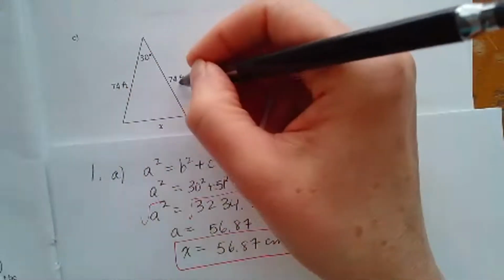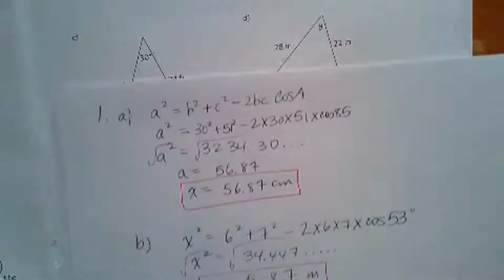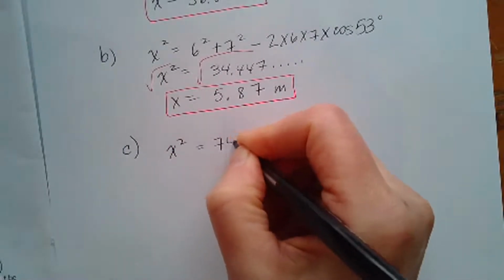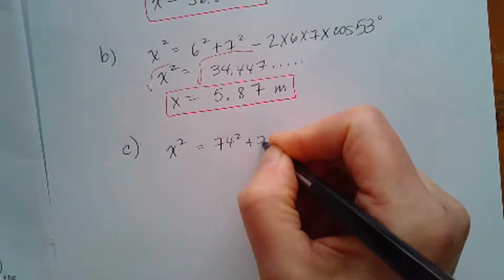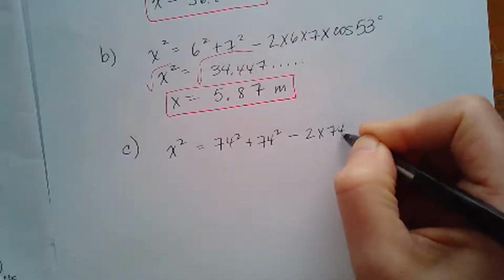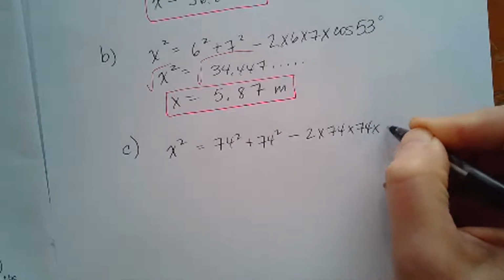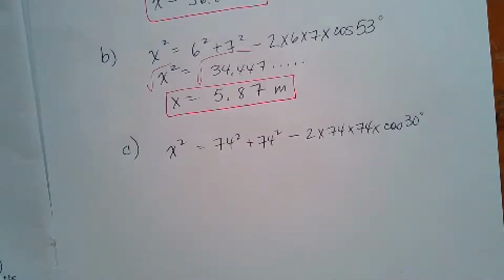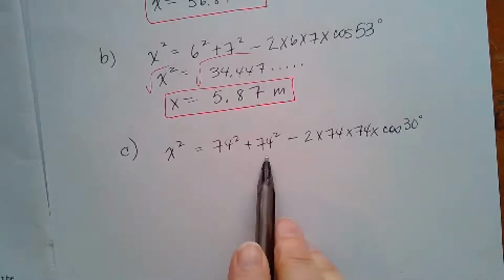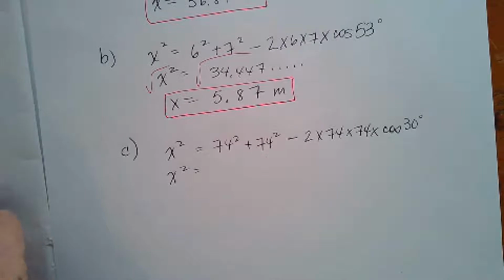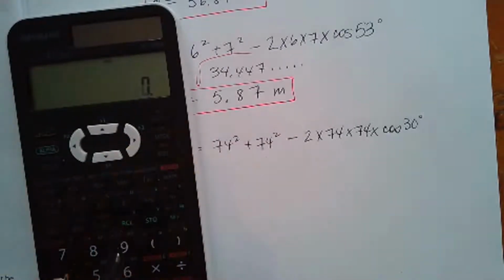Okay, once again, part C is still solving for x, so we have 74, 74, and 30 degrees, right? So x squared will equal 74 squared plus 74 squared minus 2 times 74 times 74 times cos of 30 degrees. See how simple that starts to become? The sides, and the angle. It's your calculator that does all the heavy work for these questions, right?